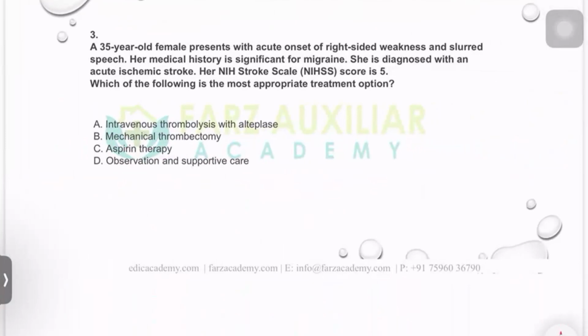Okay. A 35-year-old female comes with acute onset right-sided weakness, slurred speech, acute history. Her medical history is significant for migraine. So she's just 35. She's diagnosed with an acute ischemic stroke. NIHSS score is 5. What is the most appropriate answer?